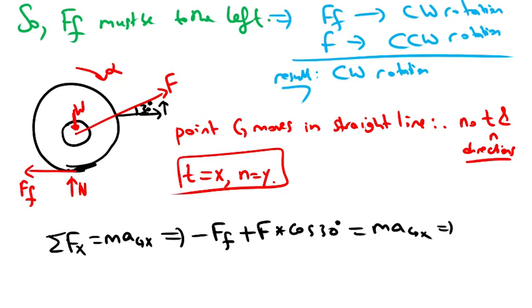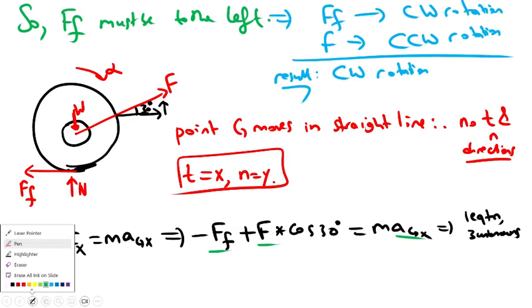So we have one equation and then 1, 2, 3 unknowns, which is not a good sign.